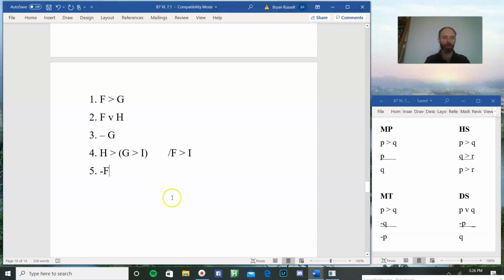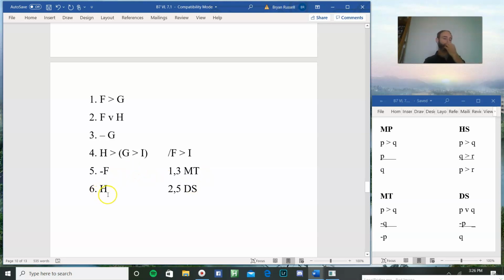So that was lines 1 and 3, MT. And now that we have this new information, tilde F, we look for a line that might work with it. Won't work with line 1, will work with line 2. Here we have F or H, and we know not F, so with disjunctive syllogism, we can know H has to be the case. So that was 2, 5, disjunctive syllogism.